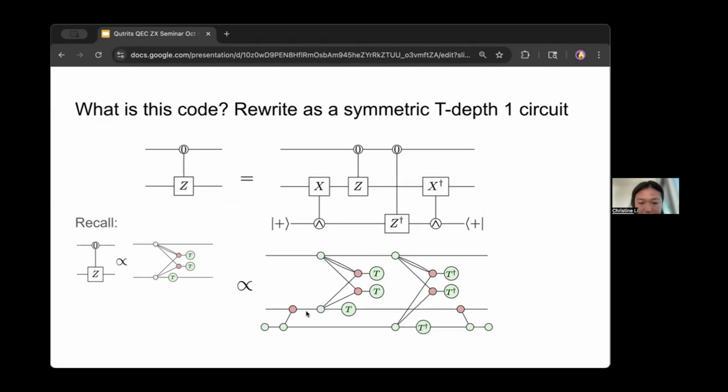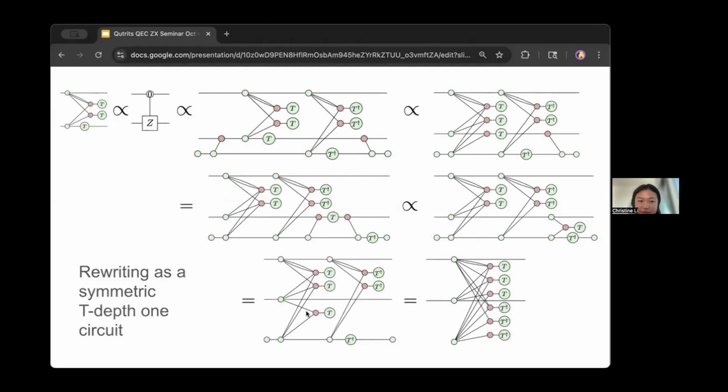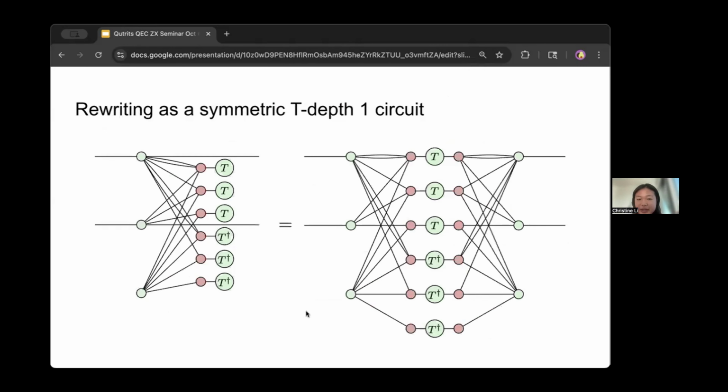And rewriting the whole diagram in ZX using ZX calculus to a combined phase gadget, then we can turn this into a symmetric form.